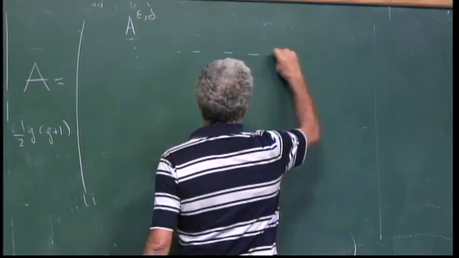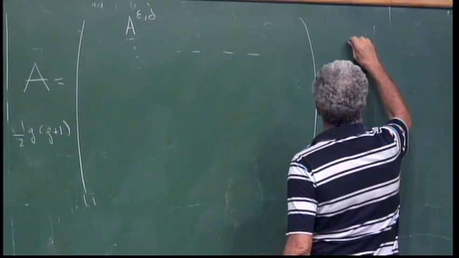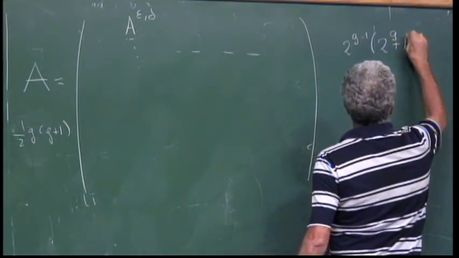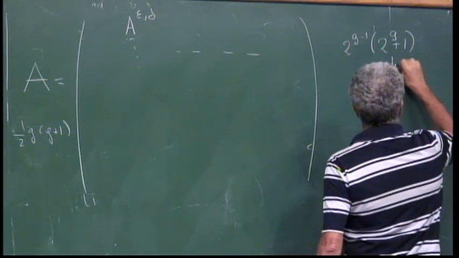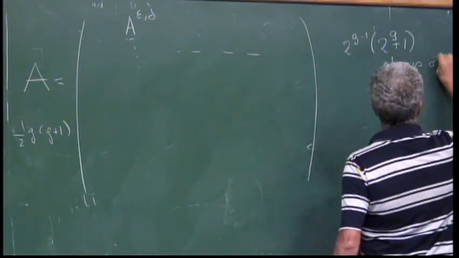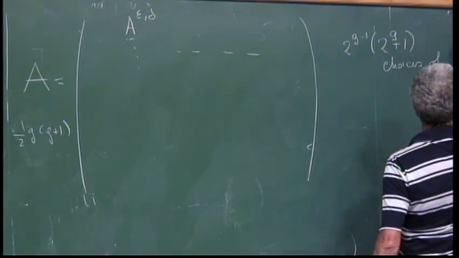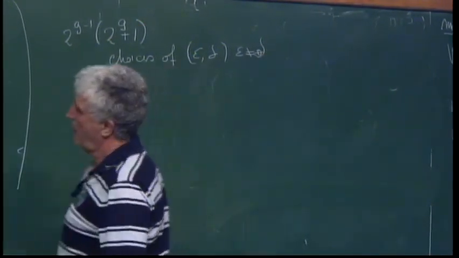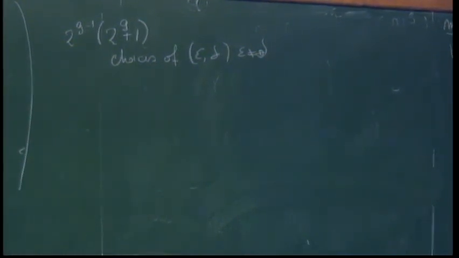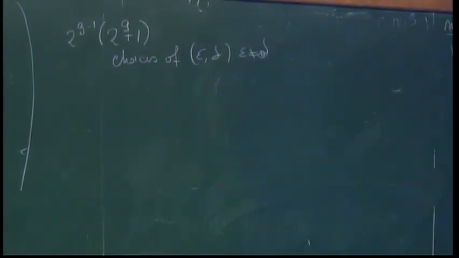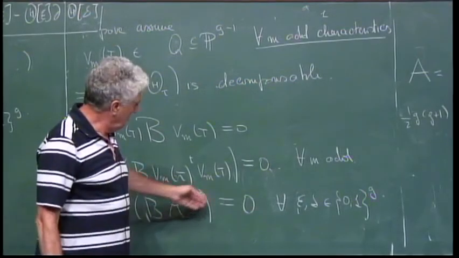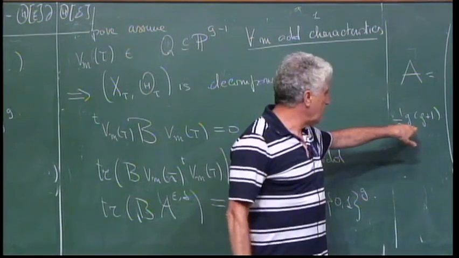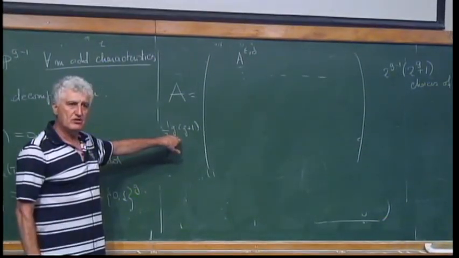And here there are 2^(g-1) times (2^g plus 1) choices of the pair epsilon delta with epsilon different from delta. And the condition that B times these columns is 0 is just the condition that this matrix A has rank less than 1/2 times g times (g plus 1).